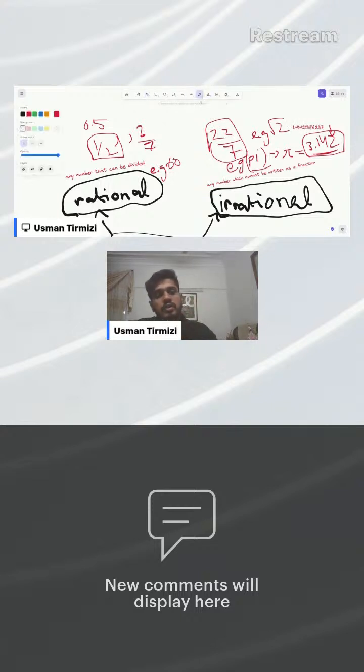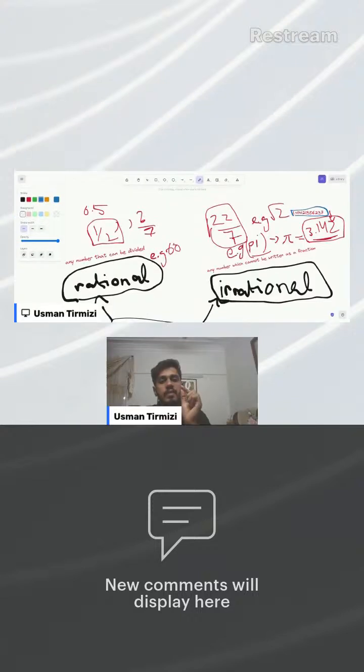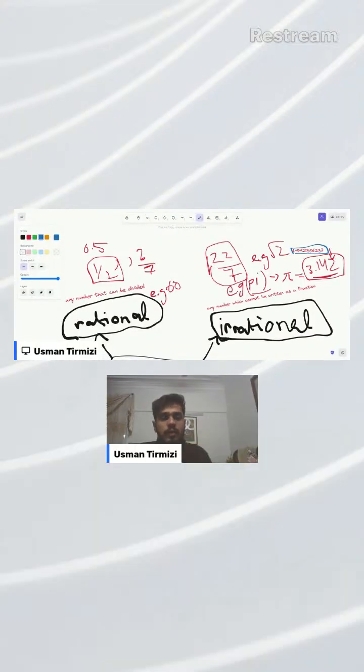This value which I've just written cannot be written as a single fraction. That is why we say that it's an irrational number. So I hope the difference between rational numbers and irrational numbers is very clear to all of you, right?